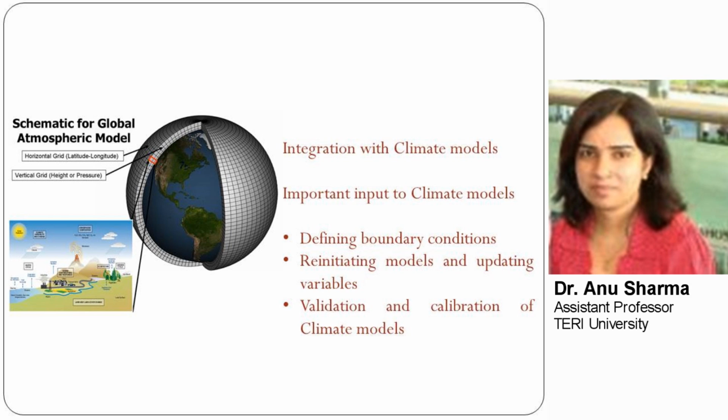As I said, we can certainly integrate it with the climate model, and it helps us in defining boundary conditions, in reinitiating models, updating variables, and also in validating and calibrating the models.